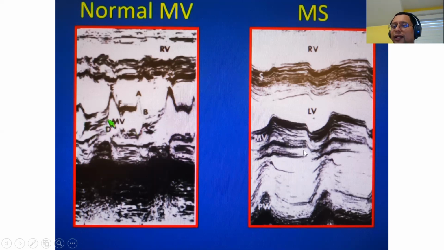To summarize: the EF slope is less steep, the leaflet is thickened, and the posterior leaflet follows the anterior leaflet. This is an example of M-mode of rheumatic mitral stenosis.